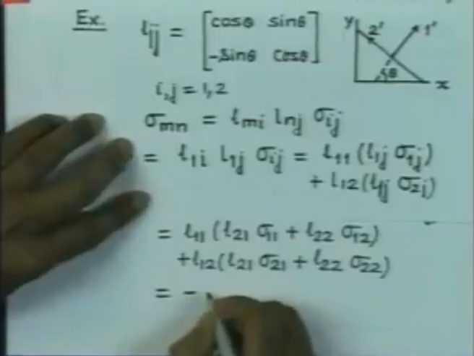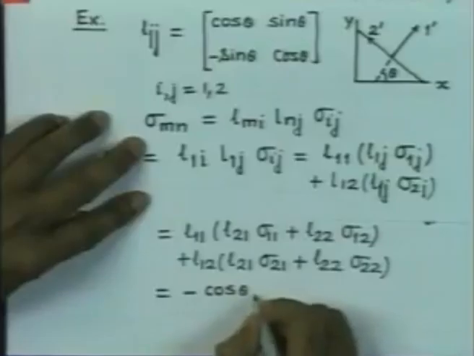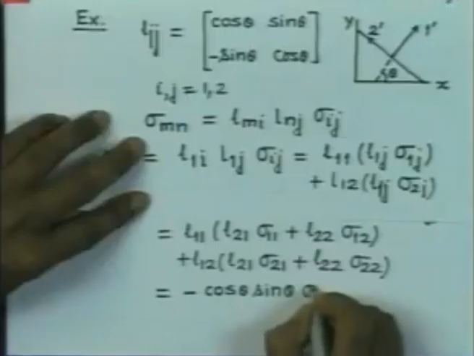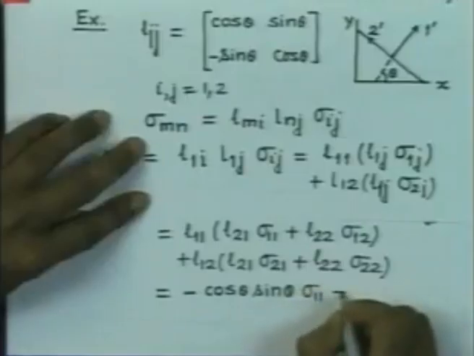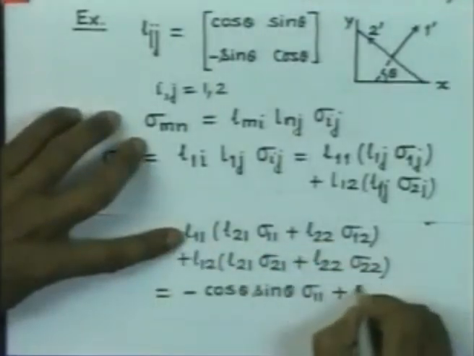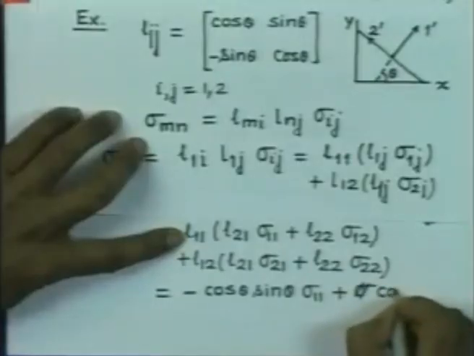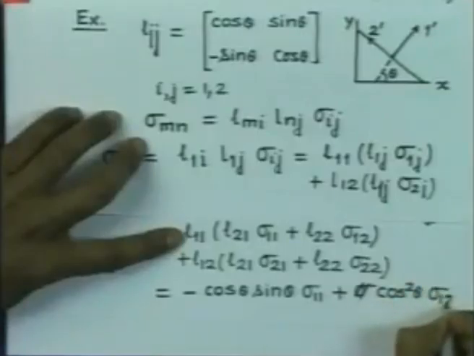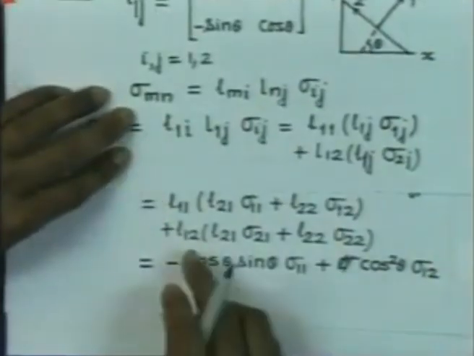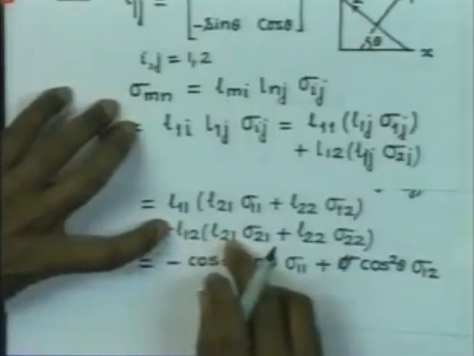So, therefore, it is going to be cos theta sin theta sigma 1 1, plus this is cos theta, this is cos theta. So, therefore, cos square theta sigma 1 2, and this is again L 1 2 is sin theta and this is minus sin theta.